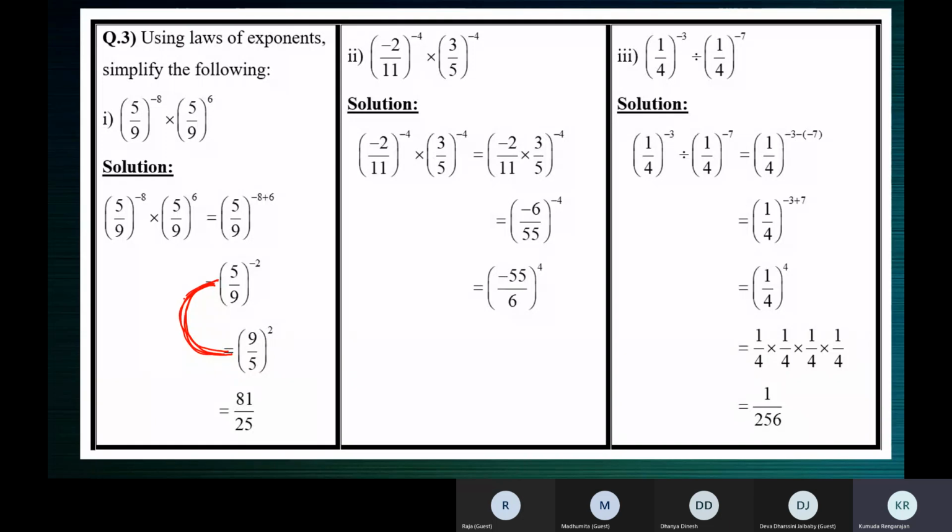What is the equivalent of 5 by 9 to the power minus 2? 9 by 5 to the power 2, ma'am. Change the base, change the power. Reciprocal of the base, 9 by 5. Negative of the power, minus 2 becomes plus 2. Now the power is positive, so the base has to be multiplied with itself 2 times. 9 by 5 into 9 by 5, which is 81 by 25.